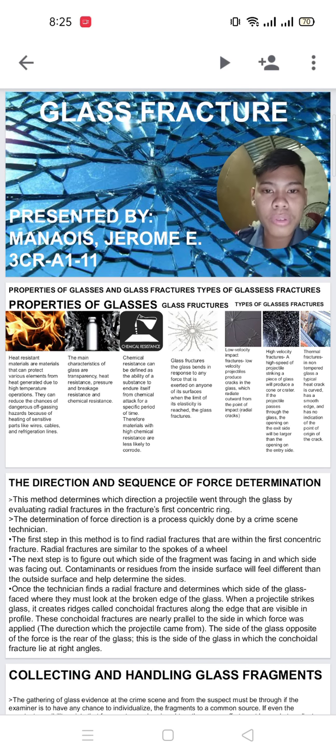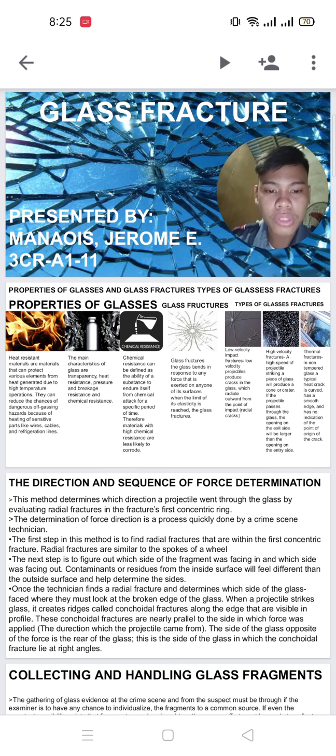This method determines which direction the projectile went through the glass by evaluating radial fractures in the fracture's first concentric ring. The determination of force direction is a process quickly done by a crime scene technician. The next step is to figure out which side of the glass was facing in and which side was facing out.